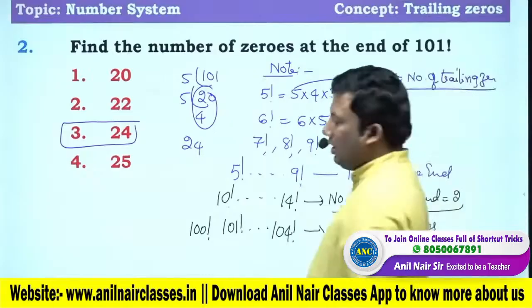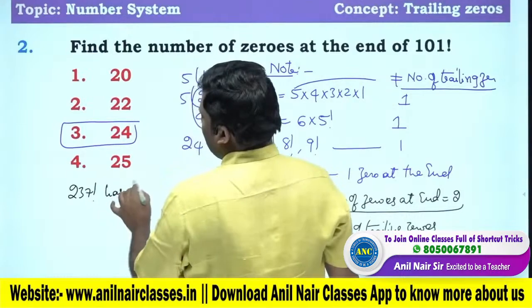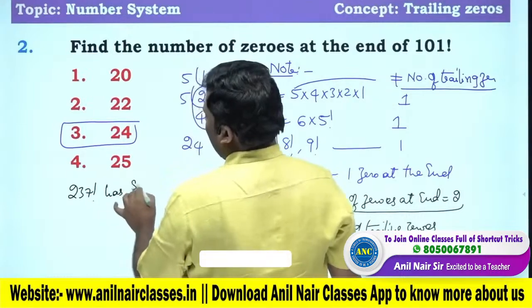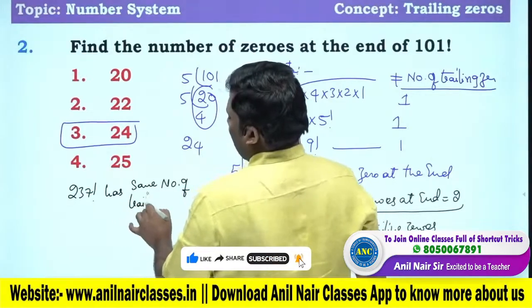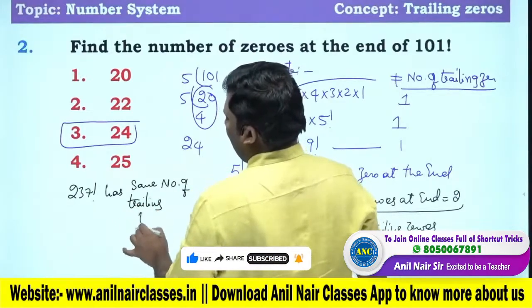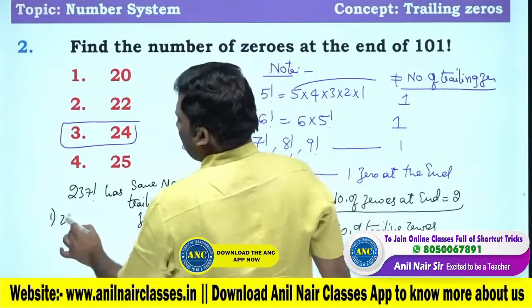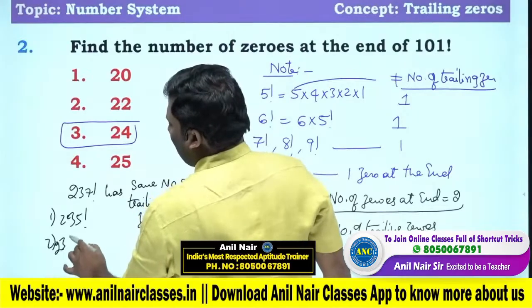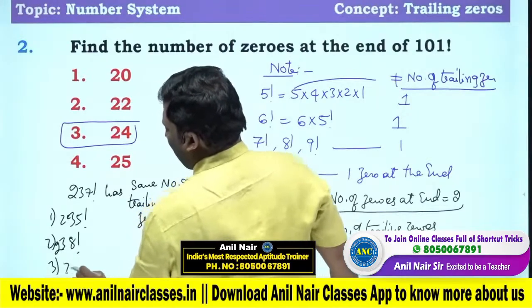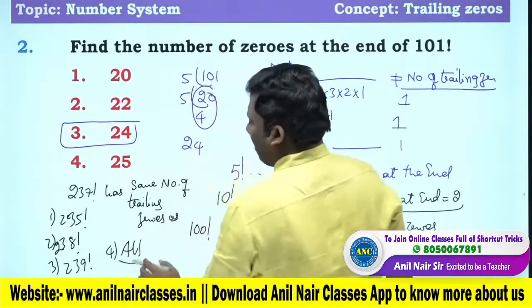Suppose he is asking 237 factorial has same number of trailing zeros as 235 factorial, 238 factorial, 239 factorial, and the answer is all of this.